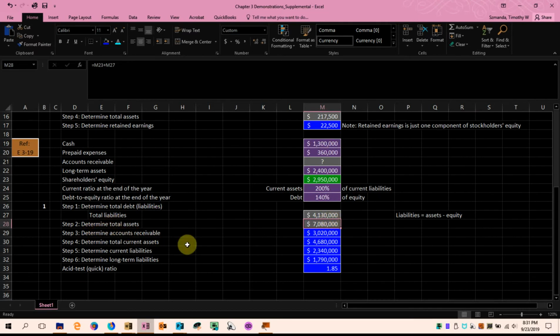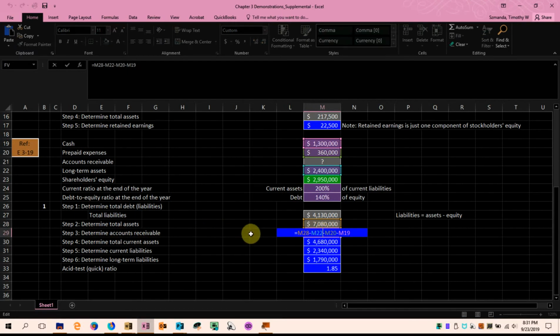On to step 3, determine accounts receivable. I took the total assets, that was my starting point, and then I started subtracting long-term assets, and I subtracted prepaid and cash. And once I subtracted all of those, the only thing left was accounts receivable, which is $3,020,000.